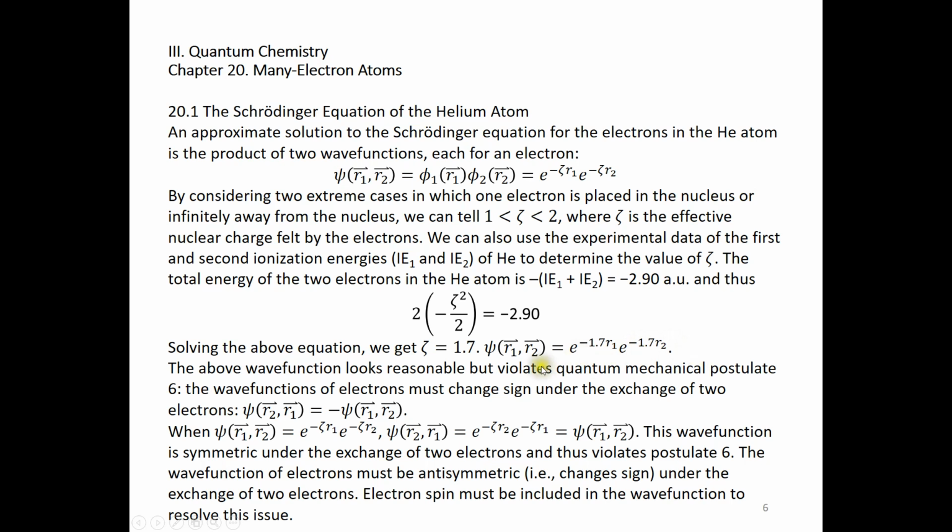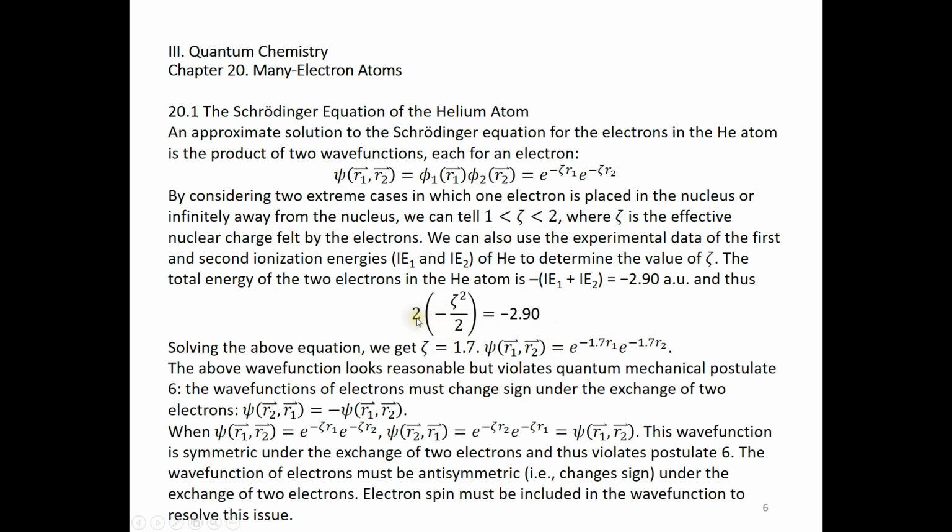So again, this is just one of the approximations. And this wave function looks reasonable. At least when you look at this wave function, you can see zeta is 1.7, and when zeta is 1.7, the energy is negative zeta squared over 2. And then we have two such electrons.